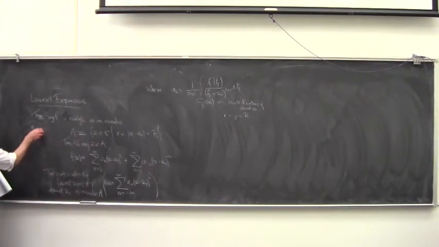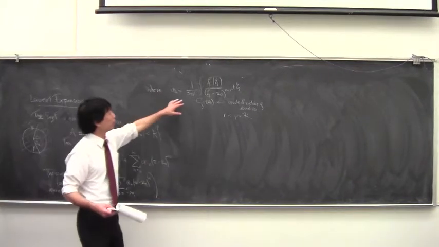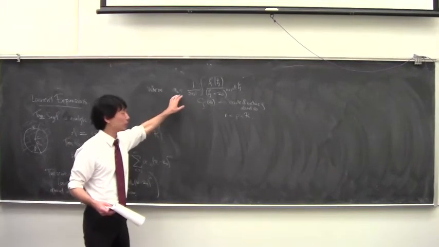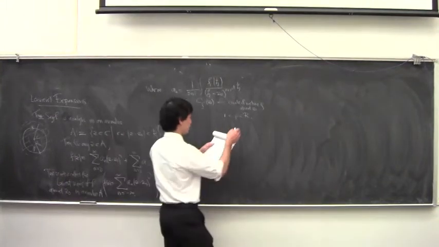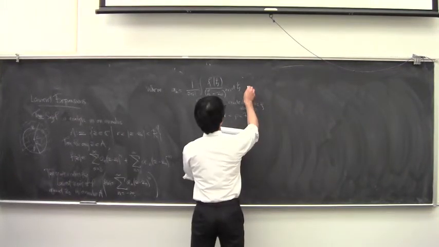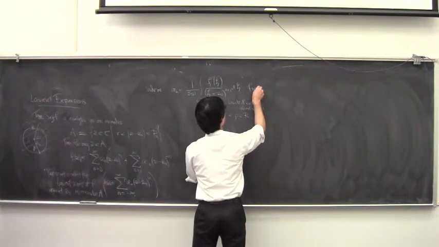You choose some path that lies inside the annulus, and you integrate over it, and you get the coefficients for all n.